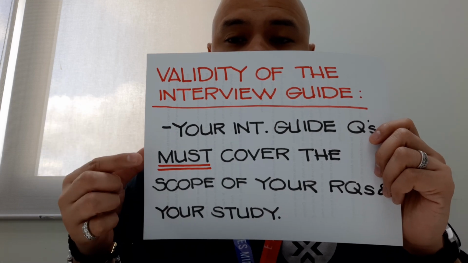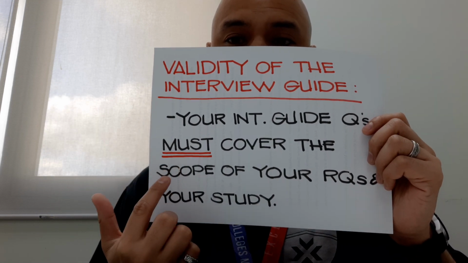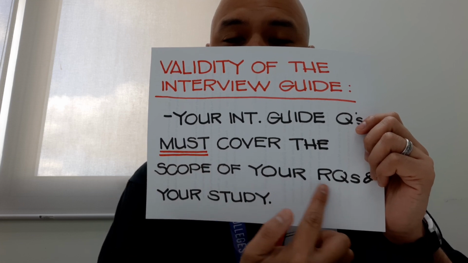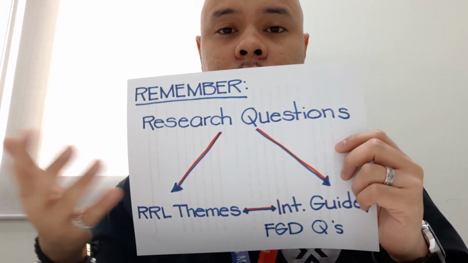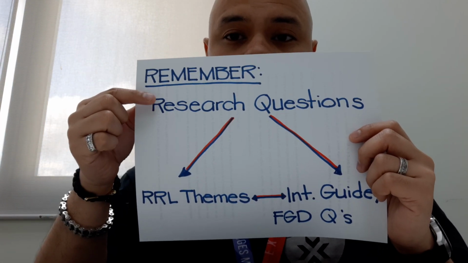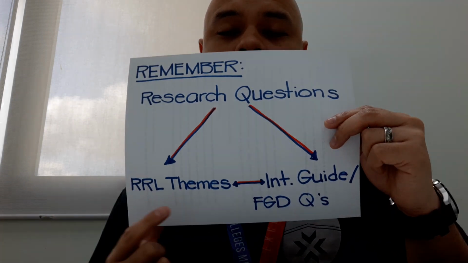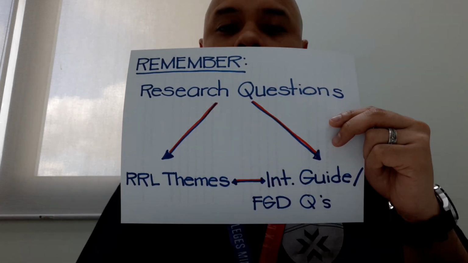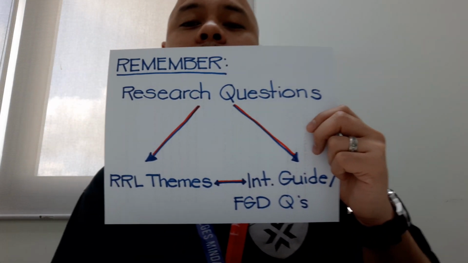Now, please take note that in this particular document, I underlined must, and I made mention of the scope of the research questions. Now, if you may remember in my previous videos, I mentioned that your interview guide questions and your RRL themes are all grounded on your research questions, which is important because, again, there is a relationship among the research questions, the RRL themes, and the interview guide or the FGD questions that you are going to be creating.